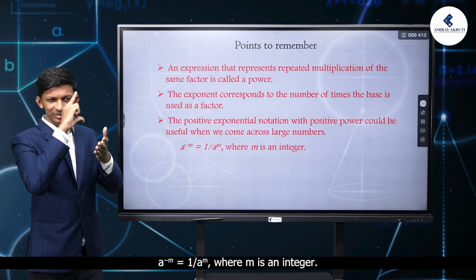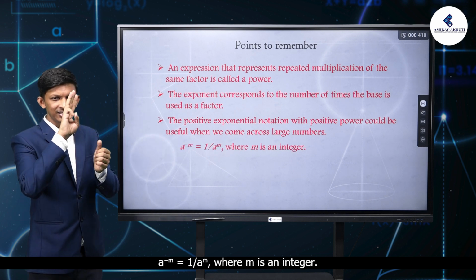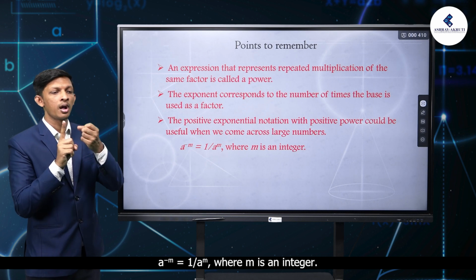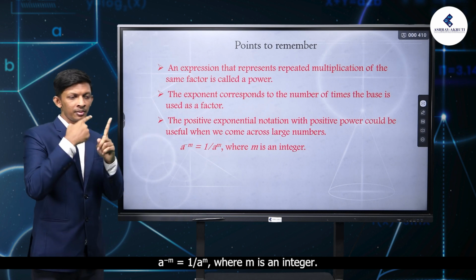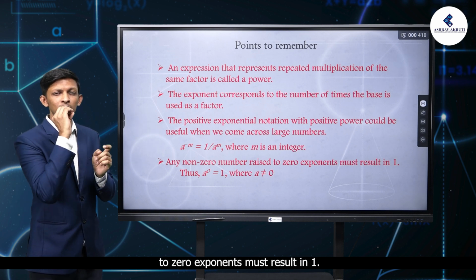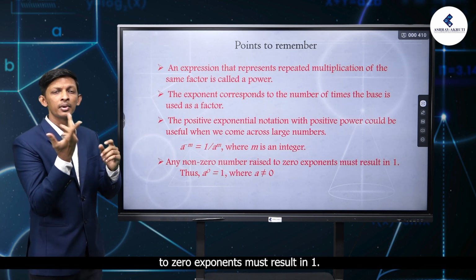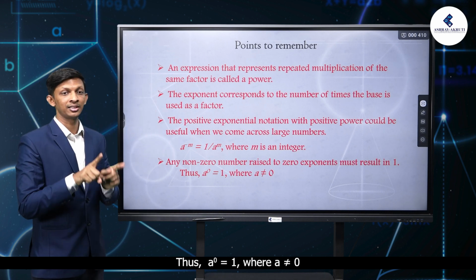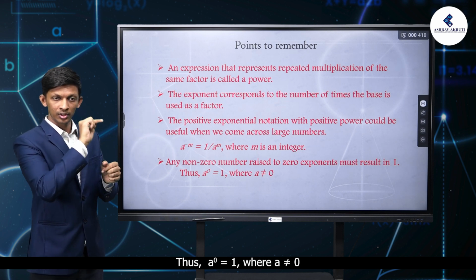A to the power of minus m is equal to 1 by a to the power of m, where m is an integer. Any non-zero number raised to 0 exponents must result in 1. Thus, a to the power of 0 is equal to 1, where a is not equal to 0.